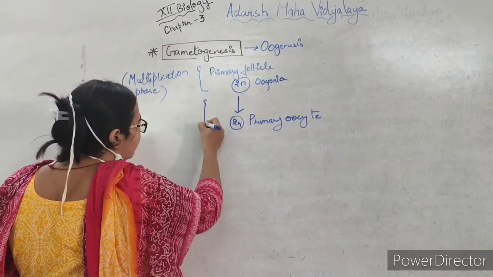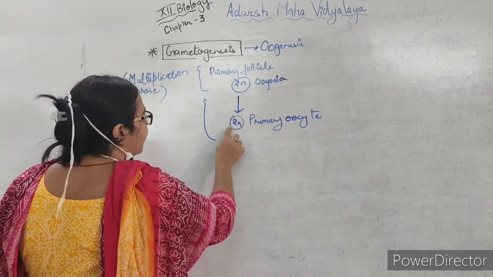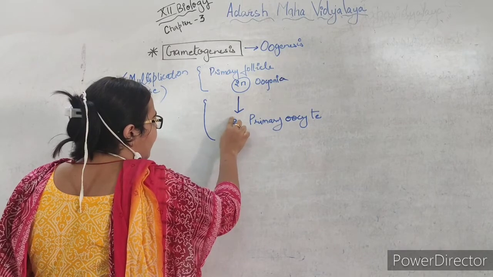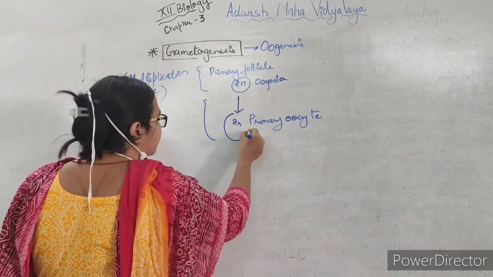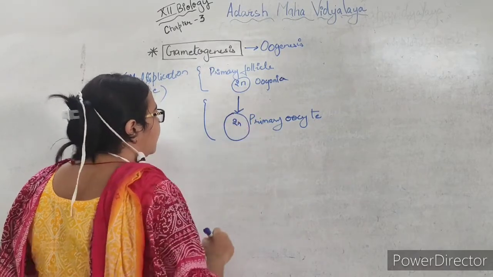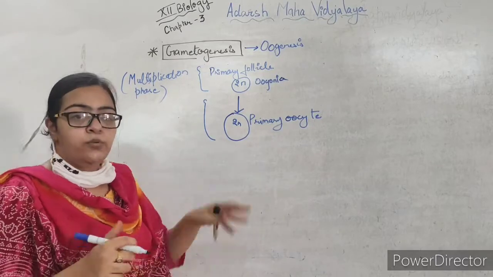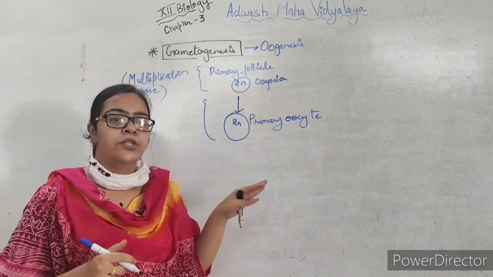Now how this is the growth phase, I will tell you. When you compare the size of this primary oocyte with the oogonia, it is very large.